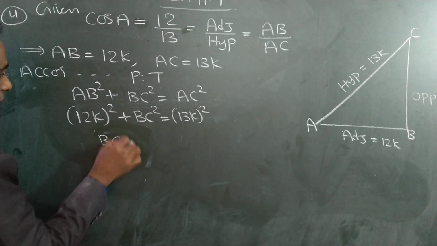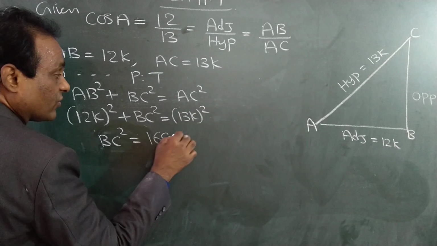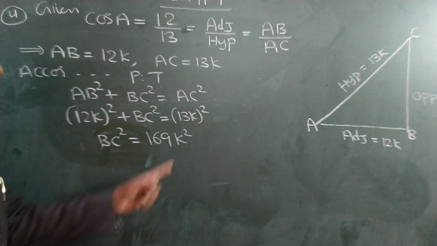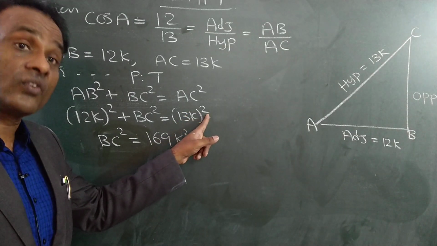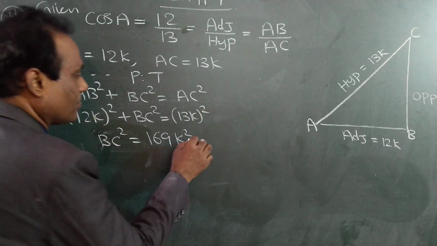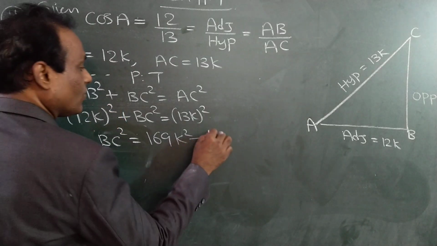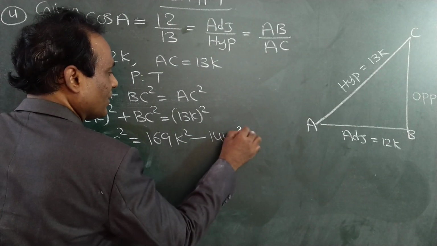So BC square is equal to 13 square, which is 13 into 13, 169K square, minus 12 square, which is 12 into 12, 144K square.